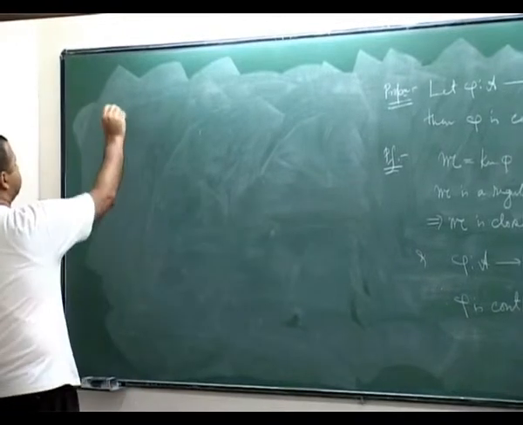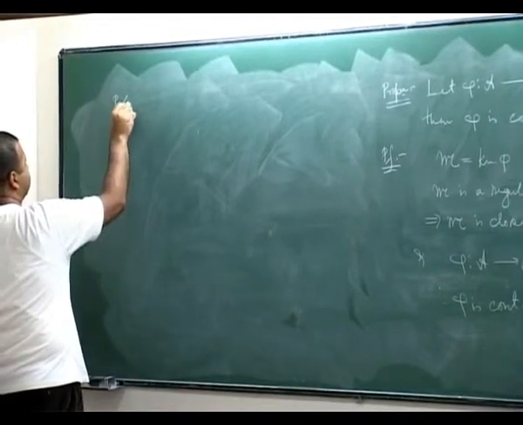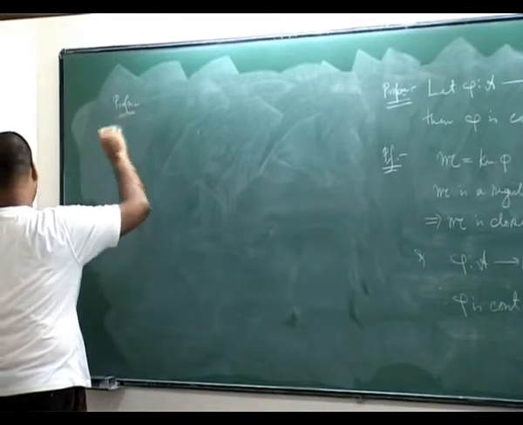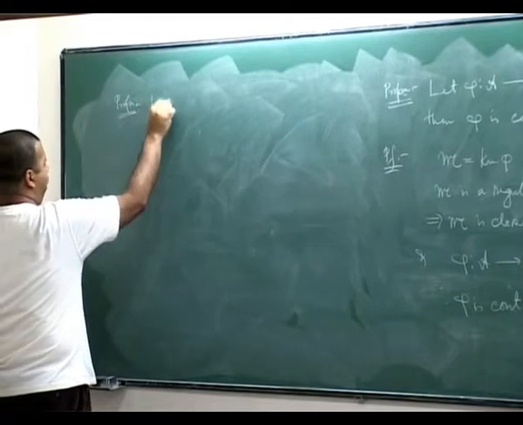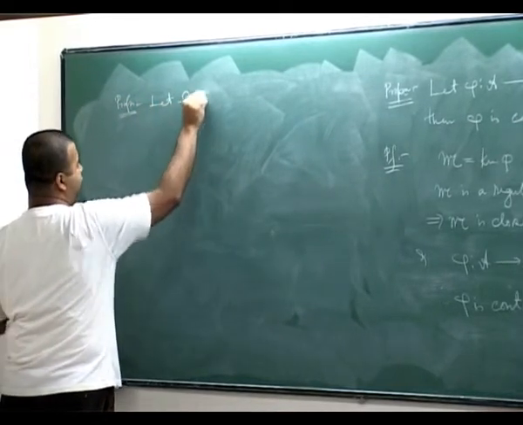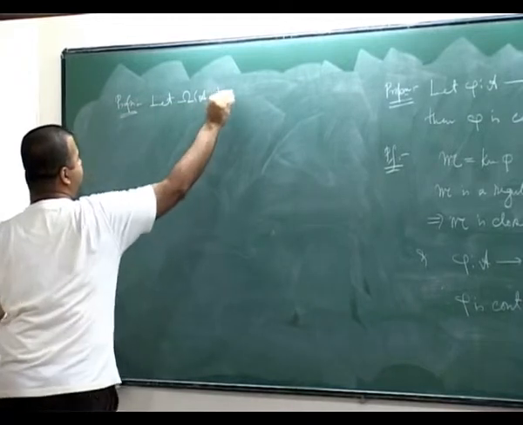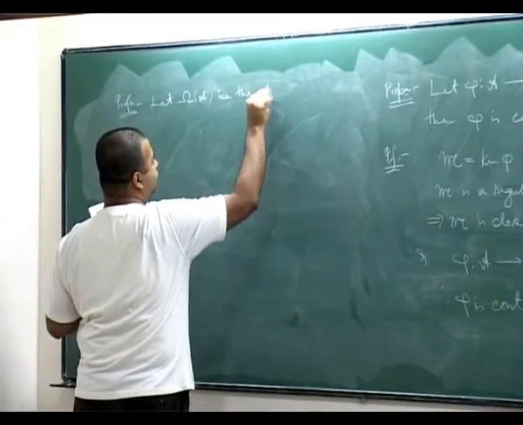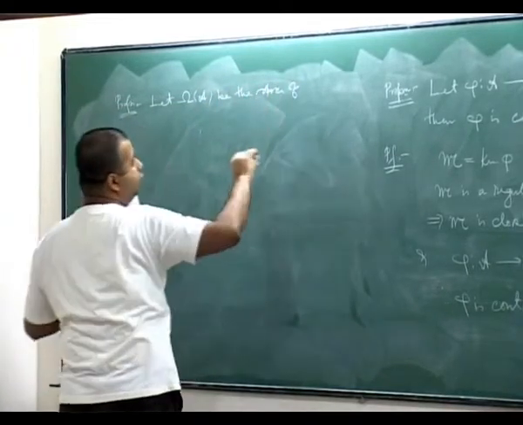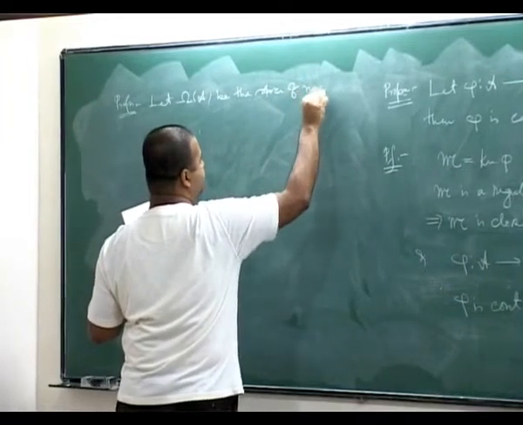I have already introduced the notation. Let omega A be the space of non-zero complex homomorphisms.